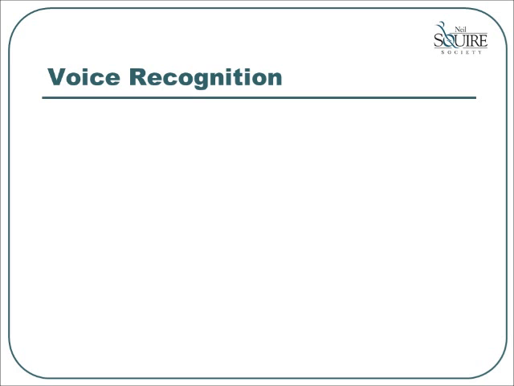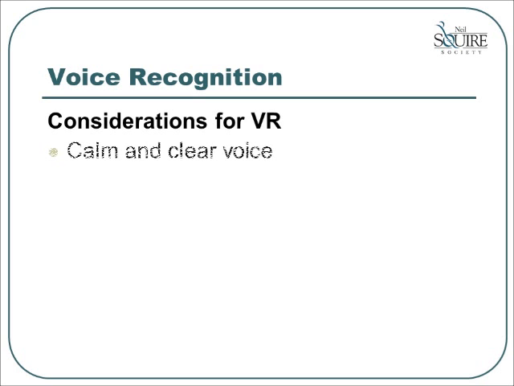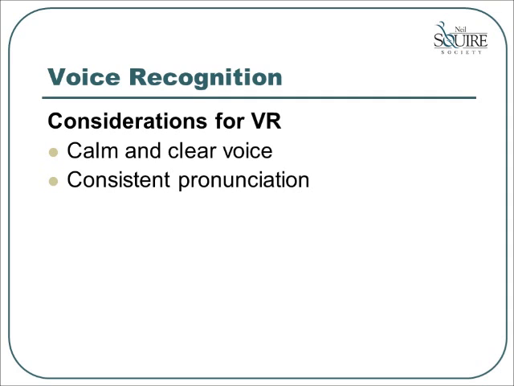Although this software can be very accurate, there are some conditions to achieve that level of accuracy. You must have a calm and clear voice. Your pronunciation must be consistent. This is especially important if you have an accent.